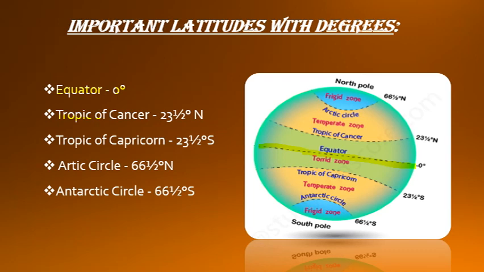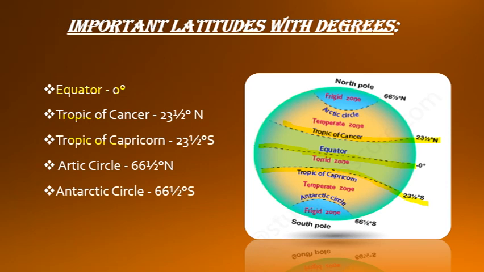Now see, Tropic of Cancer is 23.5° north. You can see here, Tropic of Cancer 23.5° north. Tropic of Capricorn 23.5° south. See here at the down portion.